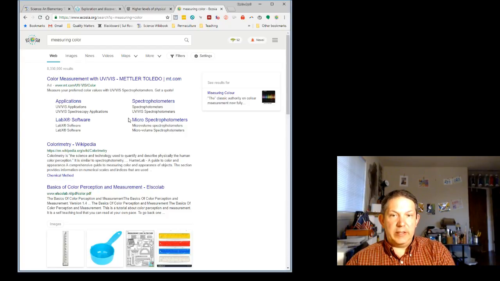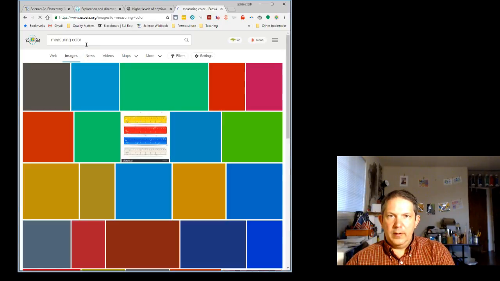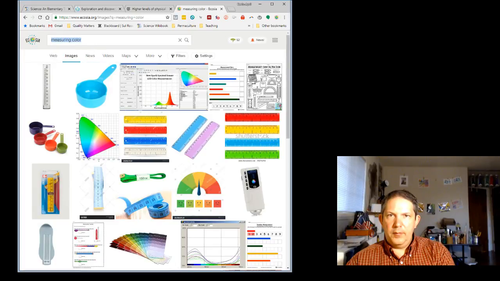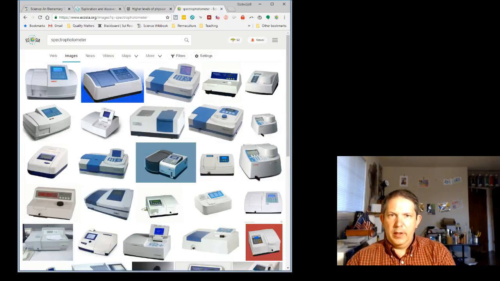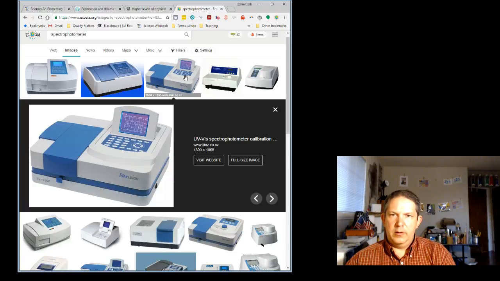You can get fancy and use a spectrophotometer. This machine, you put a little sample into it.